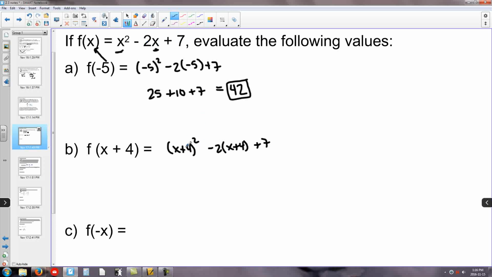Well, I've got to square this by FOILing. That gives me x squared plus 8x plus 16. And then we FOIL minus 2x minus 8 plus 7.